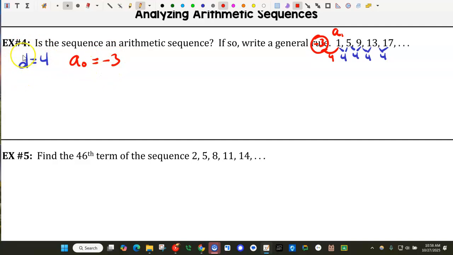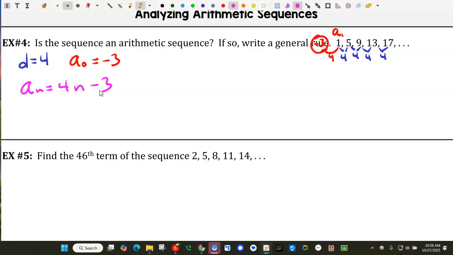I have a difference and I have a 0 term. So you can now write this formula. And that's all it asks for.